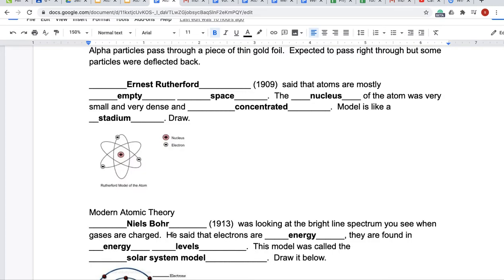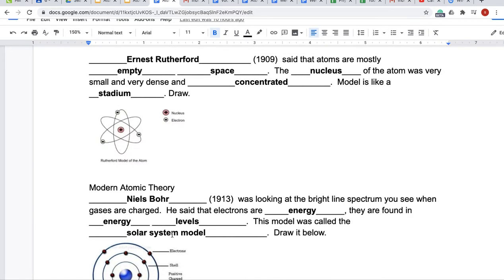So Niels Bohr said he thought the electrons were found in energy levels, because what happened is when he charged gases, he saw these bright lights shoot out, and he saw them in the spectrum, and he assumed that because those charged electrons in the gas were showing light, the only way they could show light, because it took energy, was for the electrons to move to a different energy level.